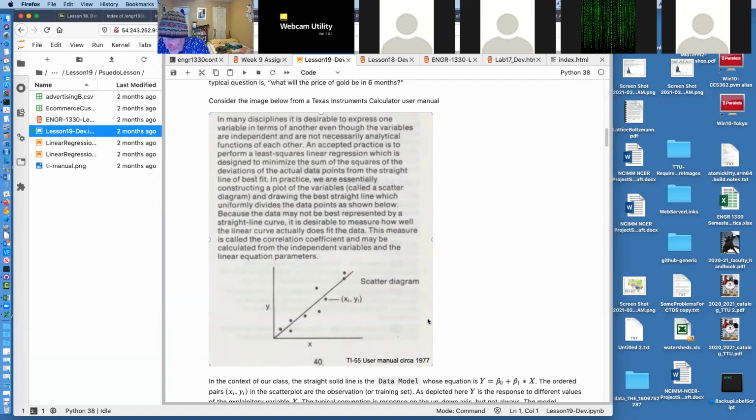An accepted practice is to perform a least squares linear regression, which is designed to minimize the sum of squares of deviations of the actual points from the straight line of best fit. In practice, we're essentially constructing a plot of variables called a scatter diagram. Have you heard of scatter diagrams before?